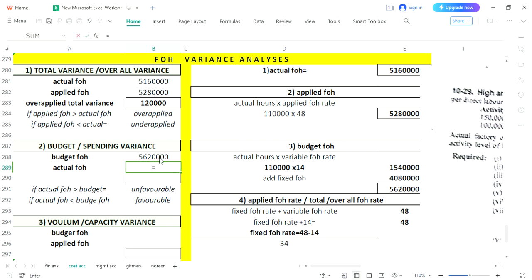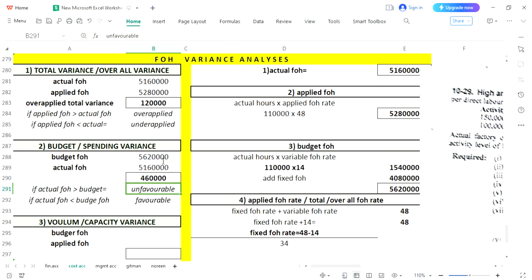The second element you need is actual FH, which is 51,60,000. It was given in the book, so you have written your actual FH. It's time to calculate the variance by taking the difference between budget and actual FH. So your budget was 56,20,000 and you need to subtract actual FH which is 51,60,000.